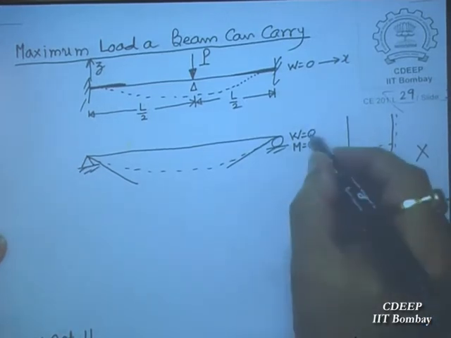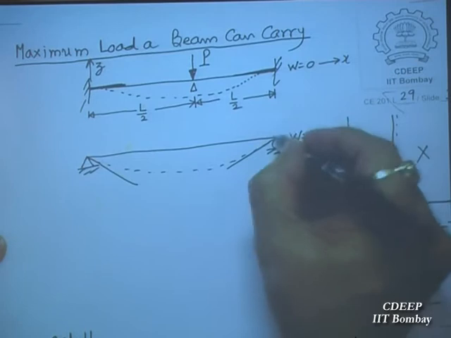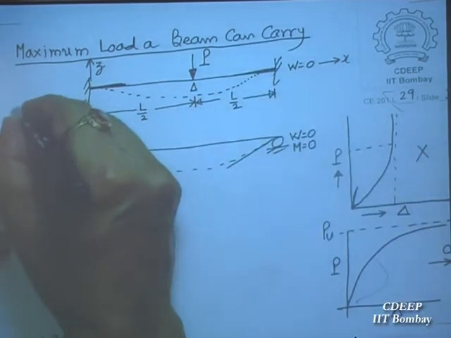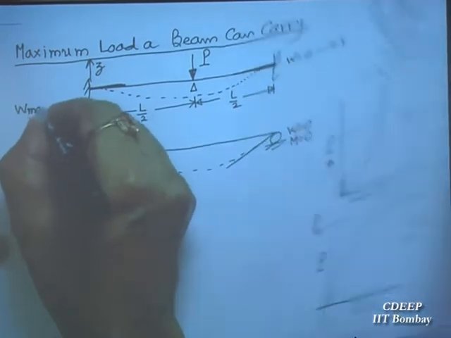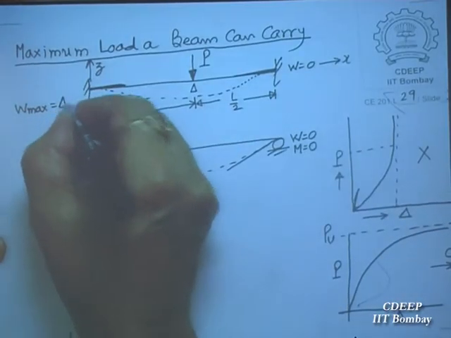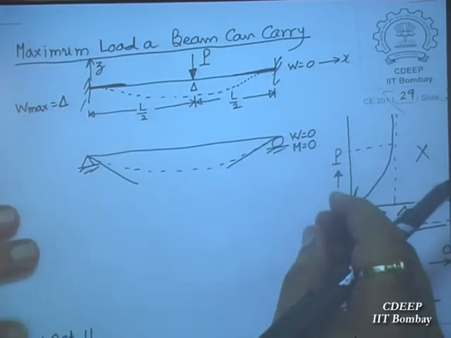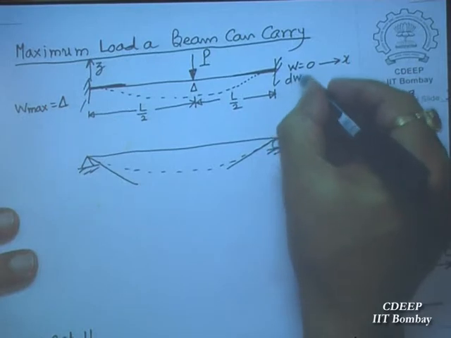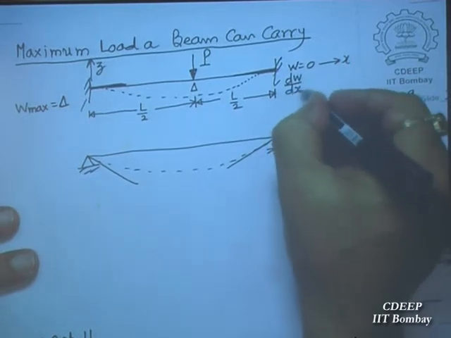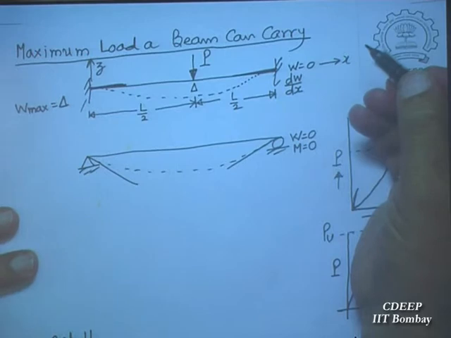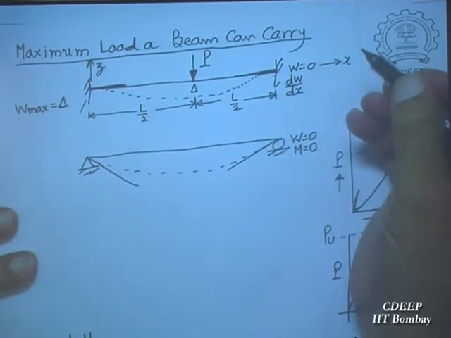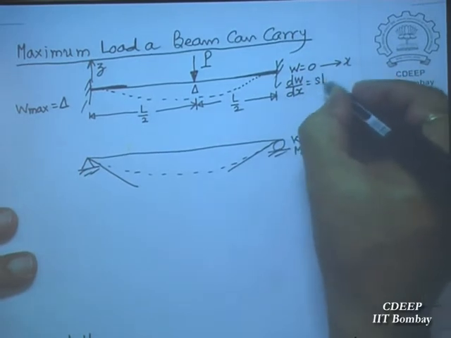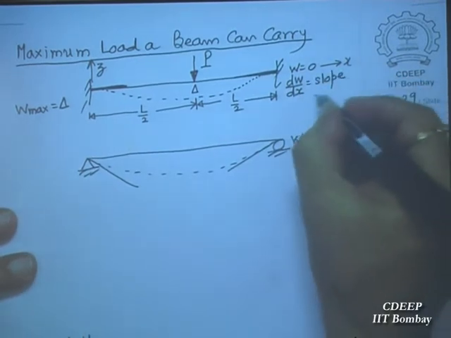Central maximum W is delta, as I have shown. That is all. And here what is 0? dW by dx is 0, the rate of change of W with respect to x. It is called slope. Slope is 0.